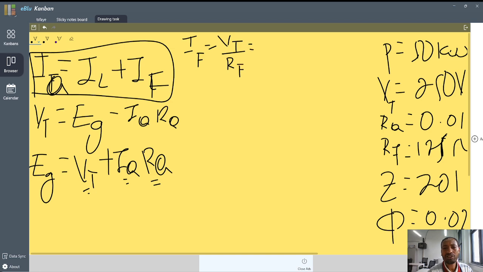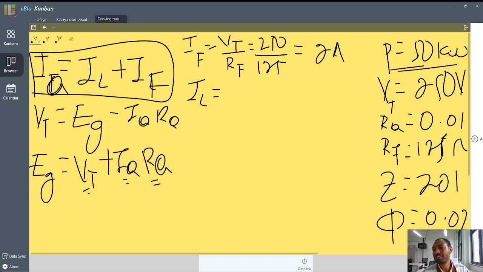We know IF is going to be VT by RF. Our VT is 250 divided by our RF, 125. So this is going to be 2 ampere. And what is IL, the load current? Output power is given and we know the terminal voltage. Therefore, IL can be found from P by VT.